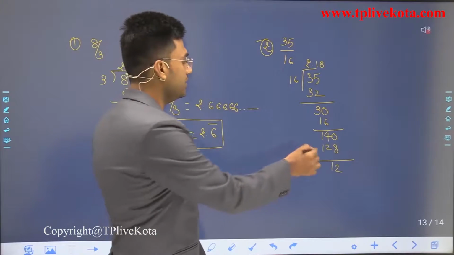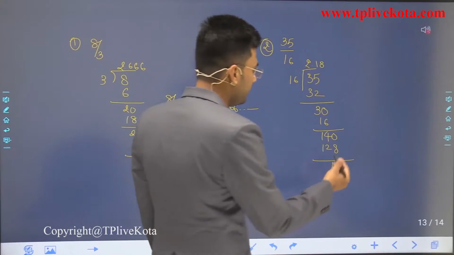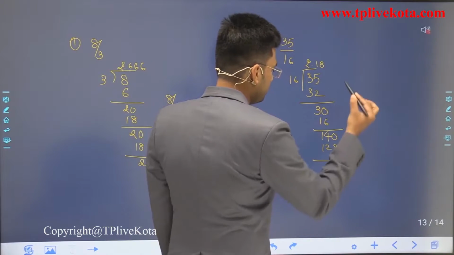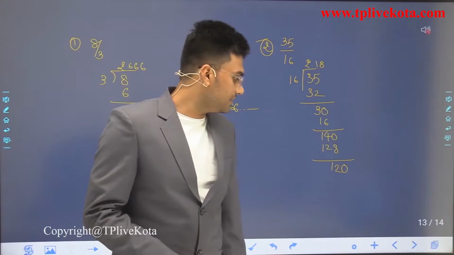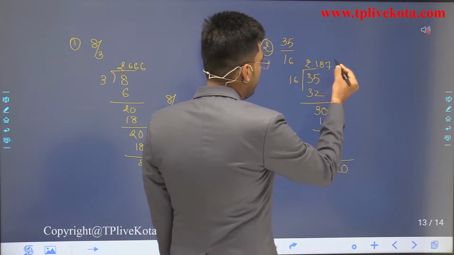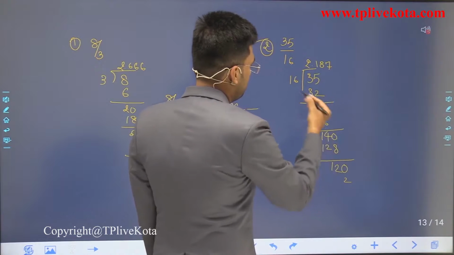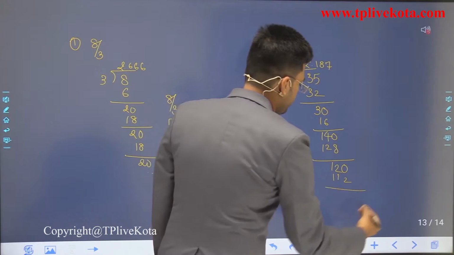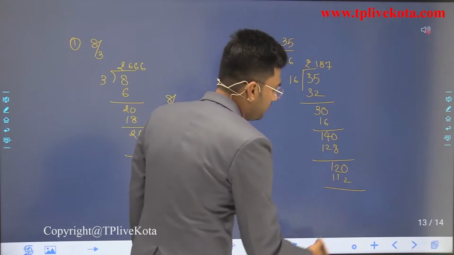Now 12 is not divisible by 16, and we have already used the decimal, so we can use 0. Then 120, we have to divide 120 by 16. Then it goes 7 times, 16 times 7 is 112. Then the difference of 120 and 112 is 8.